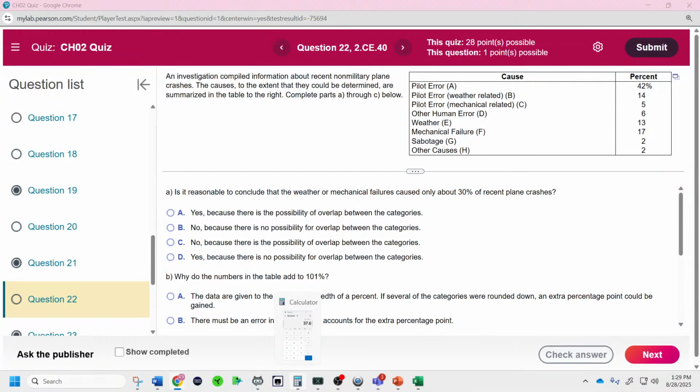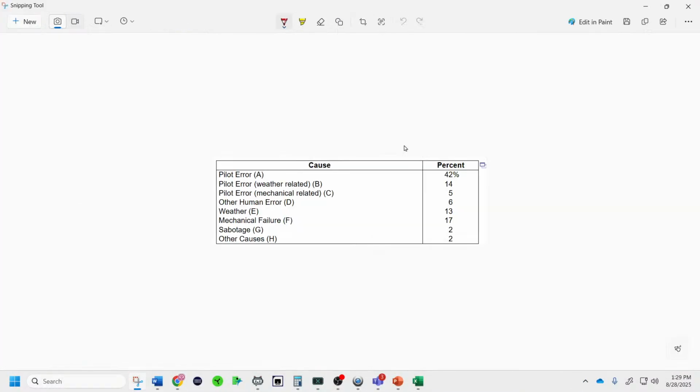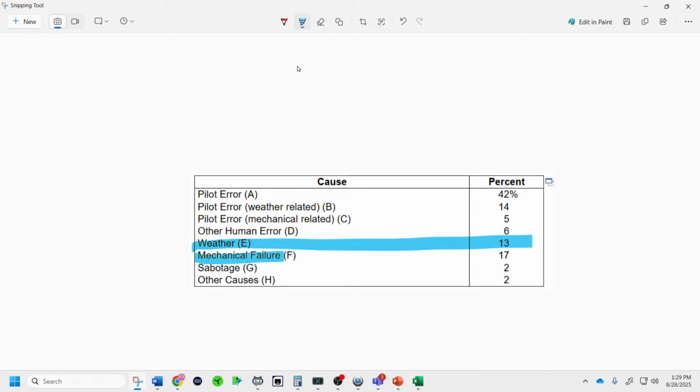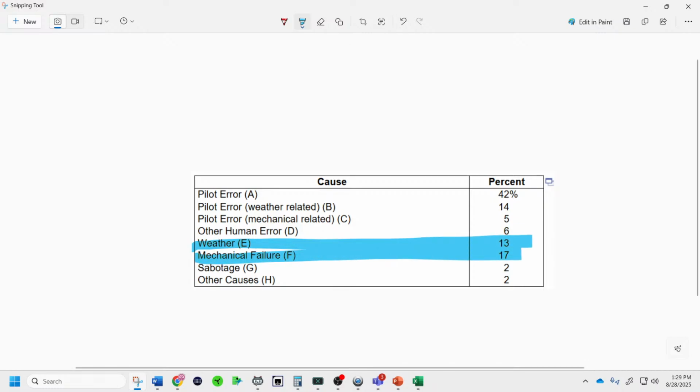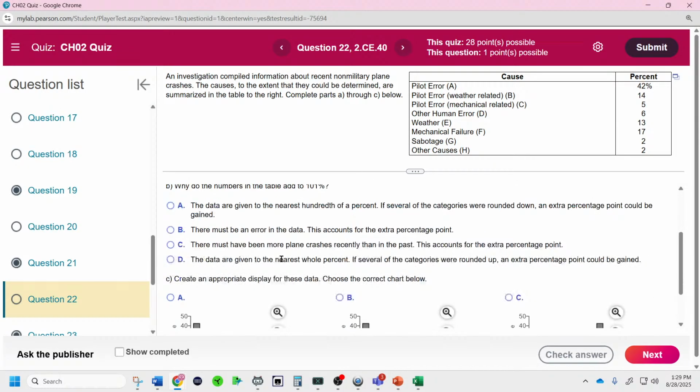And is it reasonable to conclude that weather or mechanical failures are about 30% of the errors? Probably. Why give letters and then not use them? Weather and mechanical failures. So here we are with weather and mechanical failures. Yes, 30%. There we go. Yes, because there's no possibility of overlap between the two categories right there.